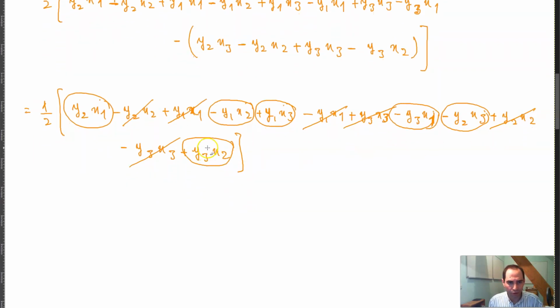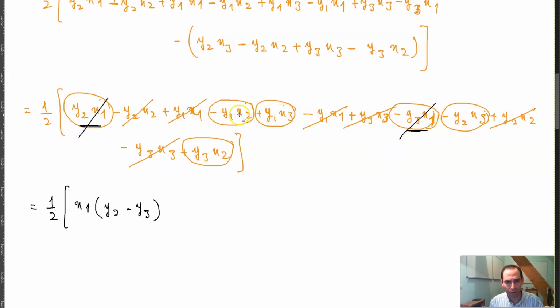And then what you can do is, for example, between this term and this term, you have x1 here, so you can write it as 1/2 times x1 times y2 minus y3, and so these two are taken care of.